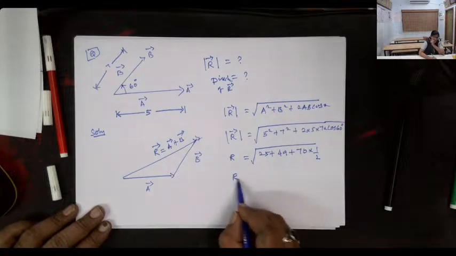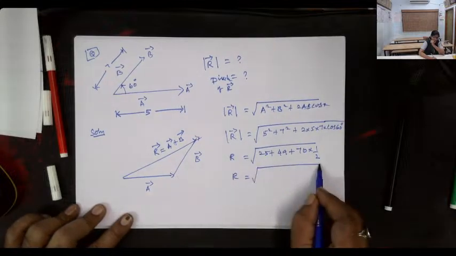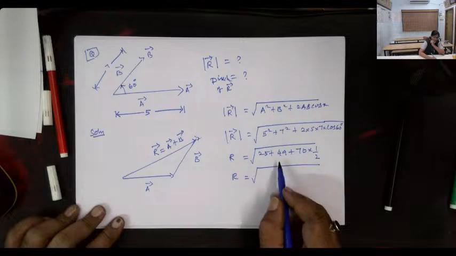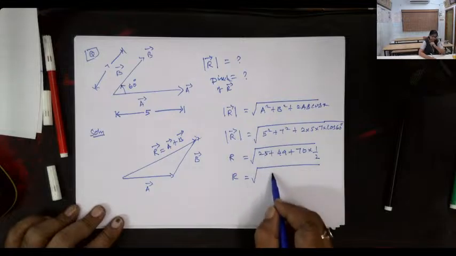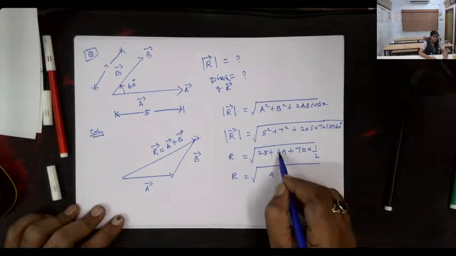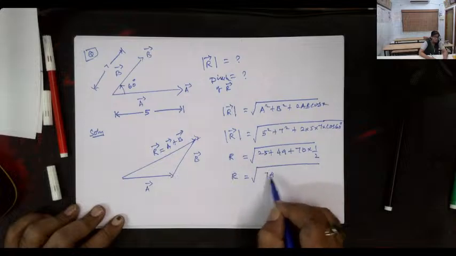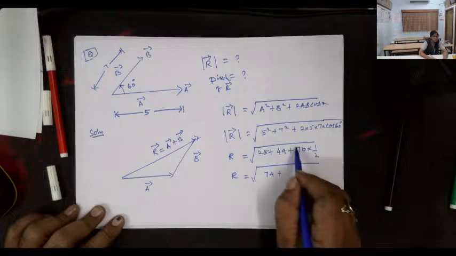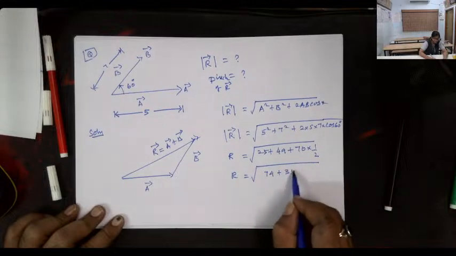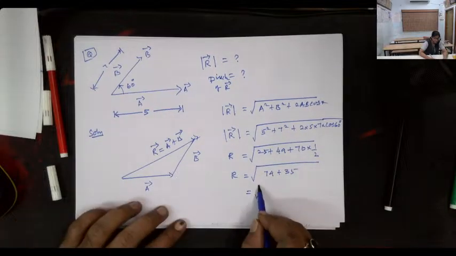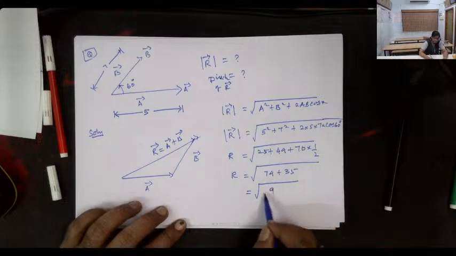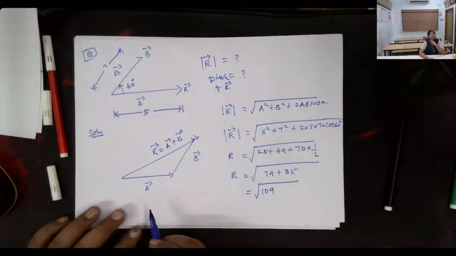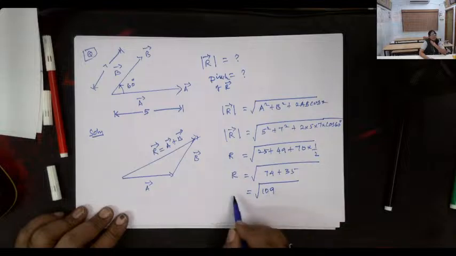Therefore R is equal to 25 plus 49, 74 plus 35, so that is equal to 109 square units.